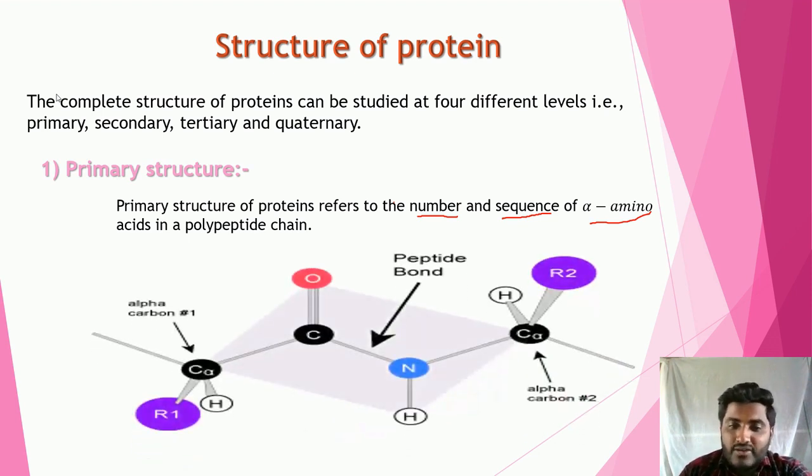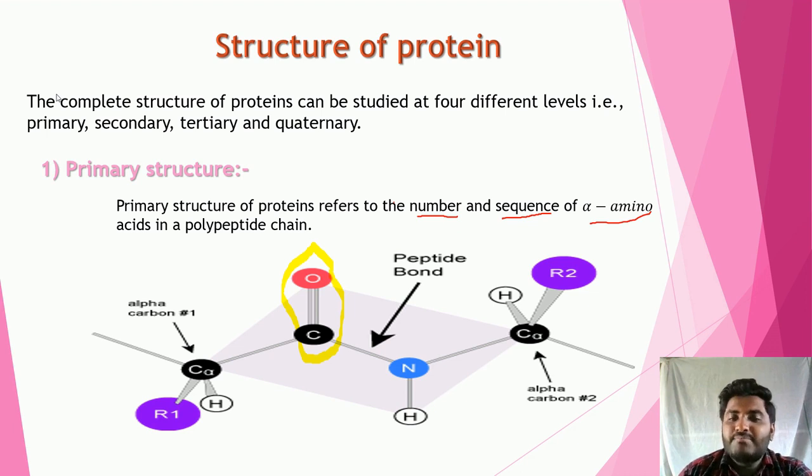So look at here. These are the alpha amino acids. You know we already studied the classification of alpha amino acids. So glycine, valine, alanine, those are all called alpha amino acids. So here nitrogen and carbonyl group. This is your carbonyl group. Carefully see here. Between this carbonyl group and nitrogen we have a bond.